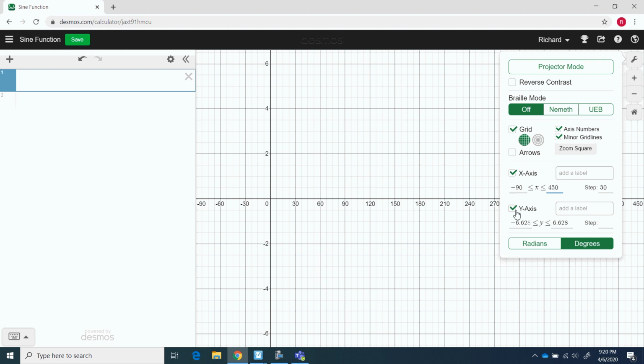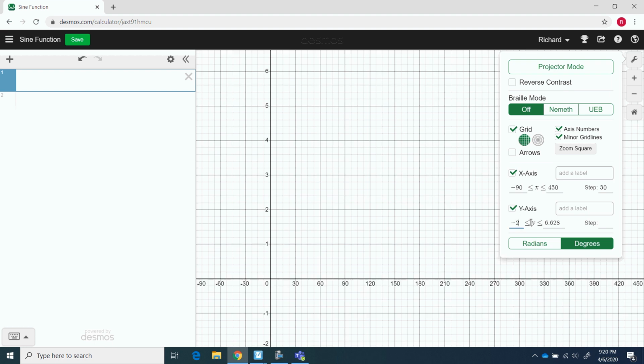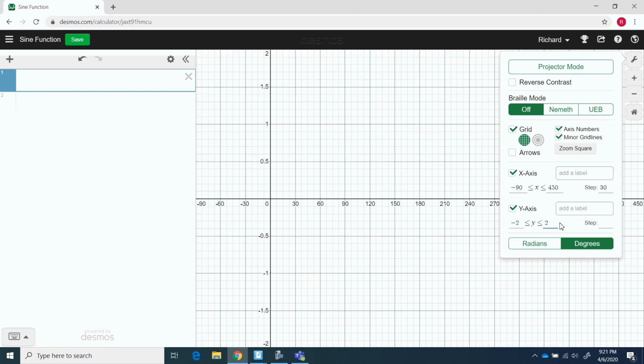The y-axis, you don't know this yet, but we're not going to need it to go any higher than 1 or lower than -1 for now. So we're going to set -2 as our smallest number and 2 as our biggest number. And we'll just leave it as it is. It's going up by halves, which is fine.